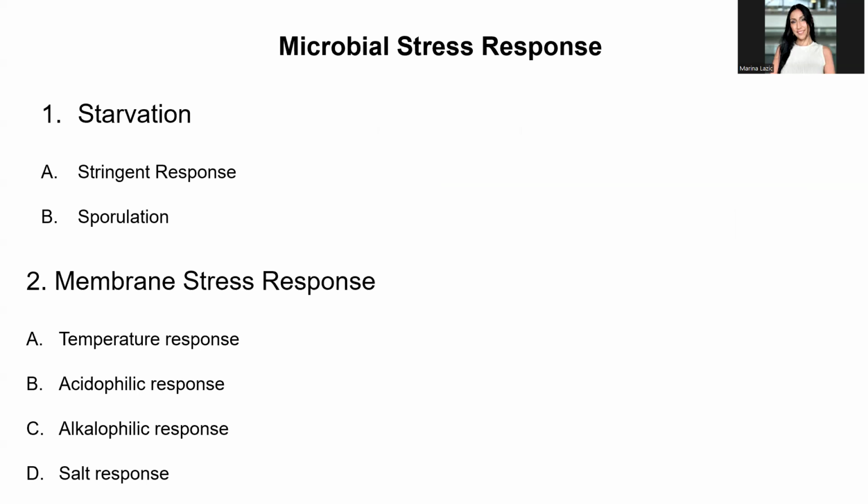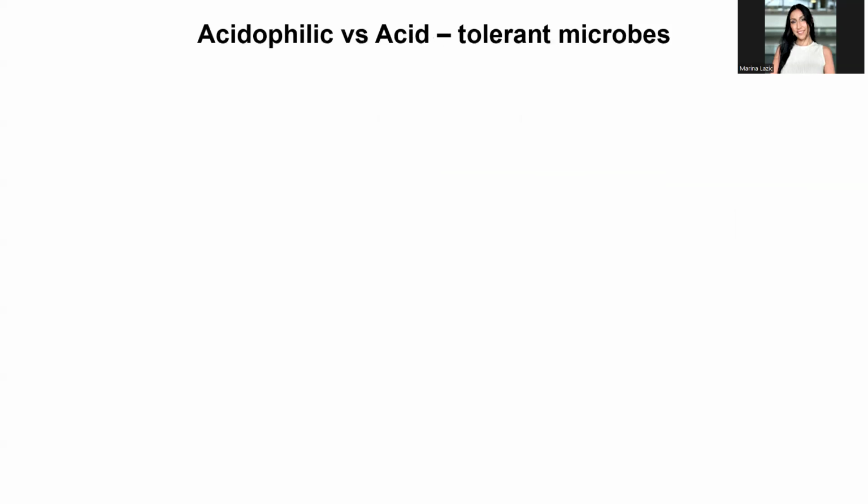Now let's go to the acidophile and alkalophile response. For the acidophilic response, the first thing that you have to distinguish is the difference between a real acidophile and acid tolerant microbes.